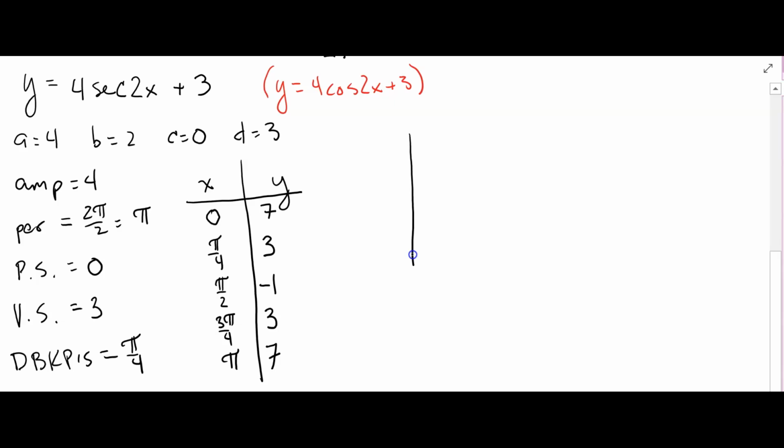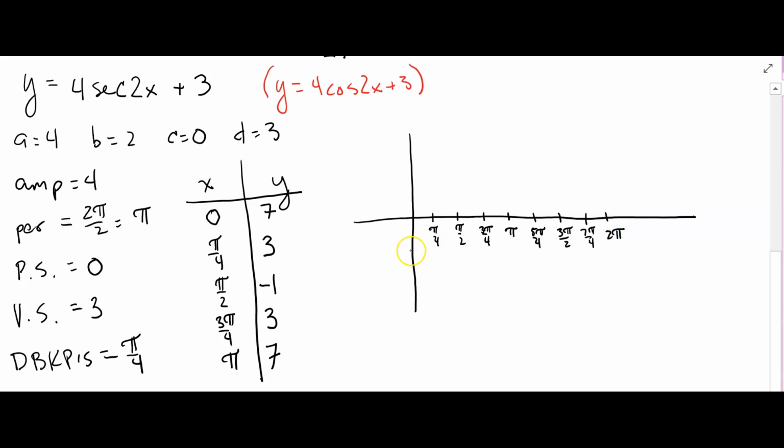Alright, now that we have these 5 key points, let's go ahead and take a look at our graph. So we're going to go every pi over 4. Pi over 4, pi over 2, 3 pi over 4, pi, 6 pi over 4 is 3 pi over 2, 7 pi over 4, and then 8 pi over 4 is 2 pi.